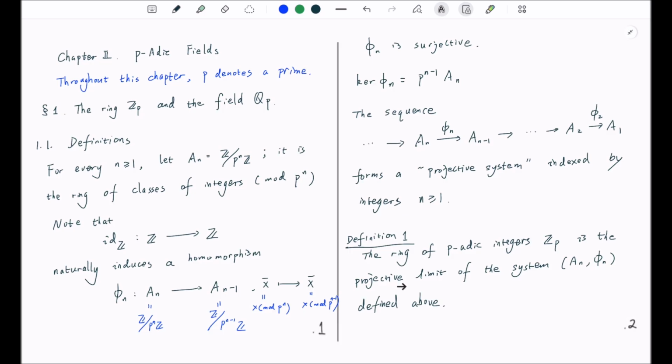Projective limit, also known as the inverse limit, has a very general definition in category theory. However, it will be a digression for us if I spend lots of time to talk about the projective limits in the language of category theory and the most abstract definition. So what we are going to do here is just follow Serre's approach to make this projective limit explicit, and that will be good enough for our purpose here.